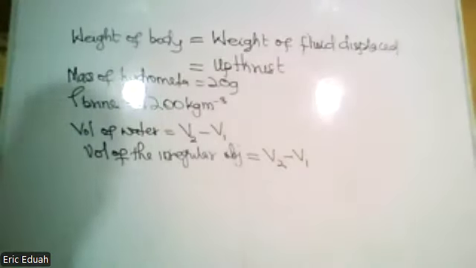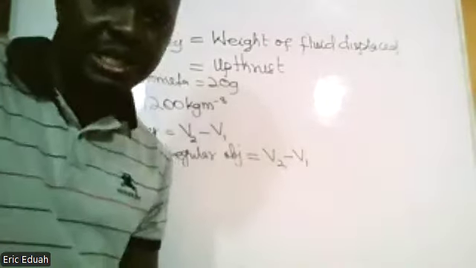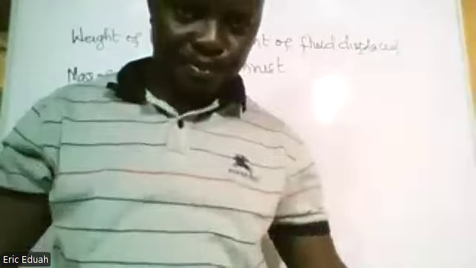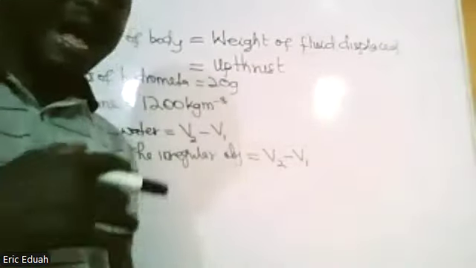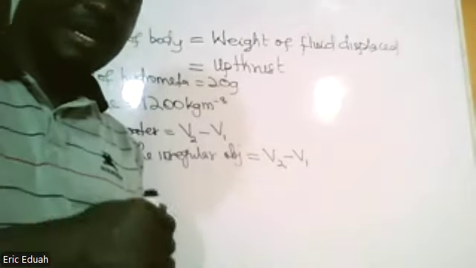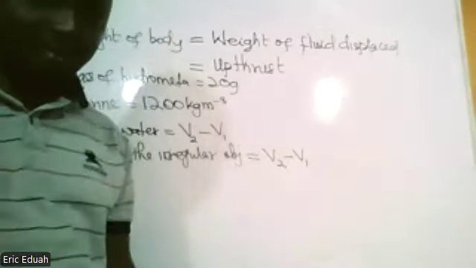All that you are doing is that when a body is immersed in liquid, the volume of the liquid displaced is equal to its own volume. So if it is half of the body that is immersed, the volume of the liquid displaced will be half of the object volume.